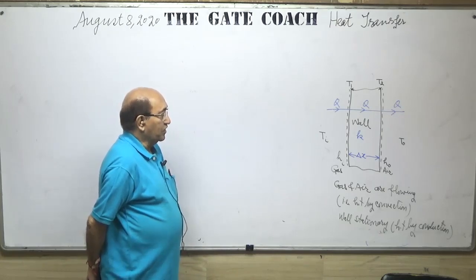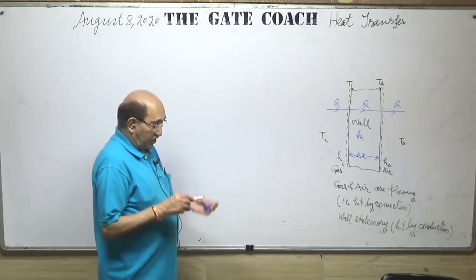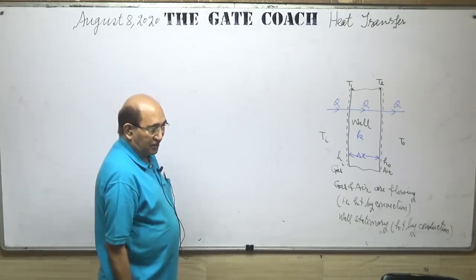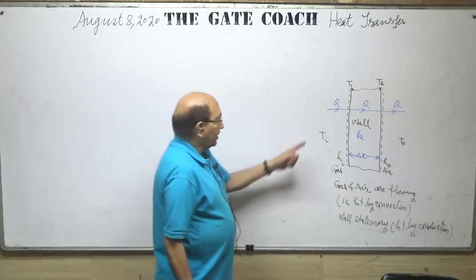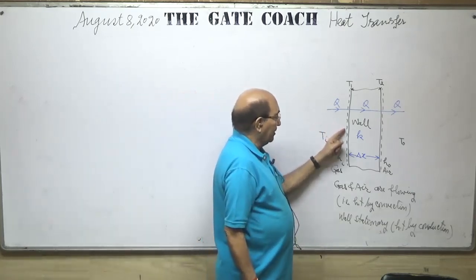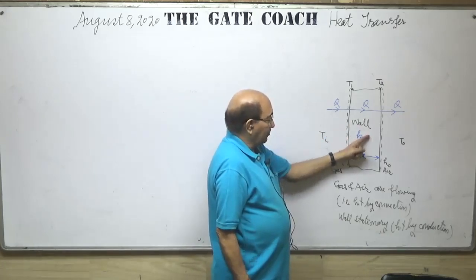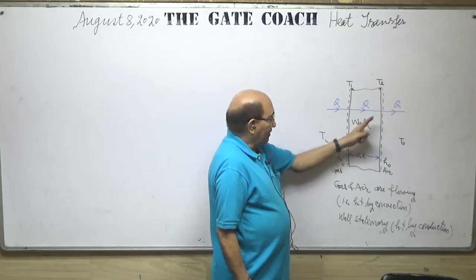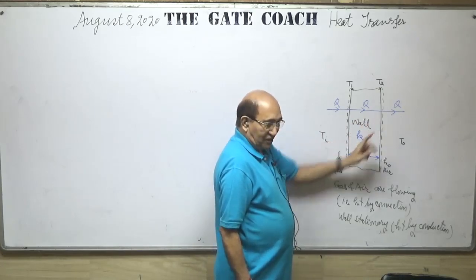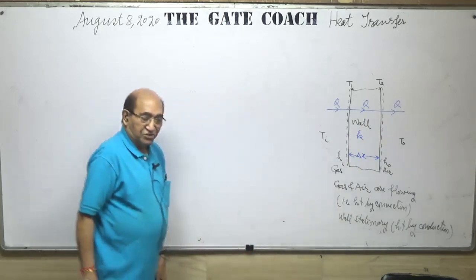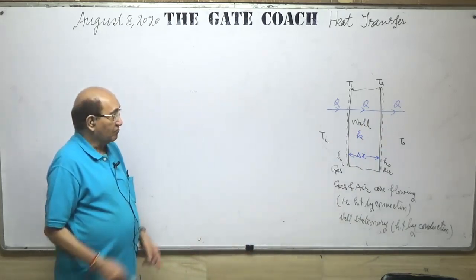So Q, T1 and T2. Three unknown. That means at least three equations are required. One equation for Q we can write by convection. One equation of Q by conduction. Another equation of Q by convection. Three equations, three unknown. We should be able to solve simultaneously.